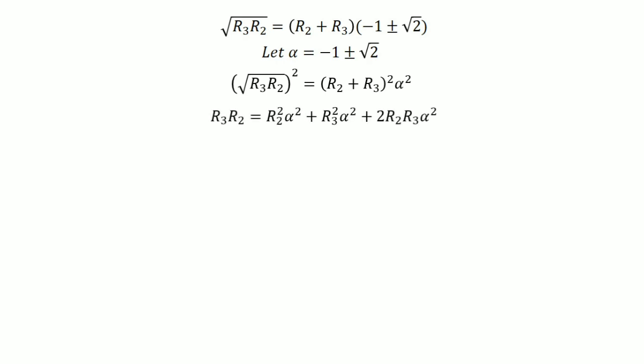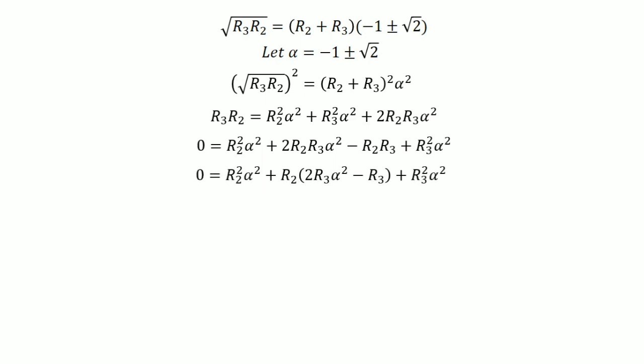And now make some more substitutions, and from the middle side take r2 as common, so we have r2 square alpha square plus r2 times 2r3 alpha square minus r3 plus r3 square times alpha square. Now consider r2 as variable and use the quadratic formula again.